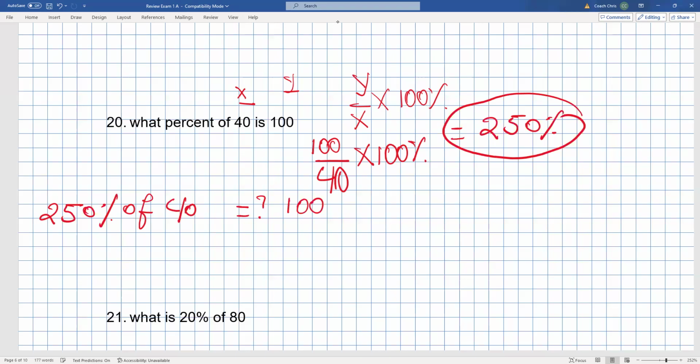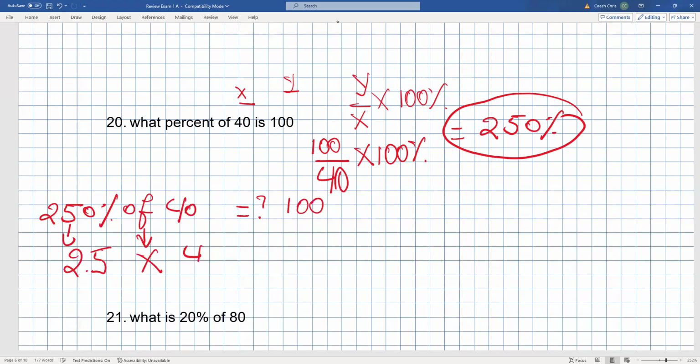How do you find a percent of any number? Convert the number that has a percent to a decimal. It means divide it down. You learned how to divide. To convert a percent to a decimal, divide that by 100. So when you got 250 divided by 100, you're gonna have 2.5. The "of" right there becomes a multiplication.